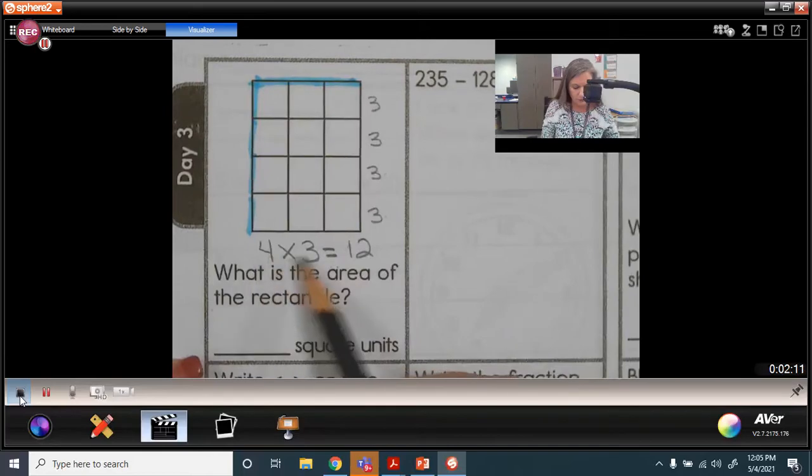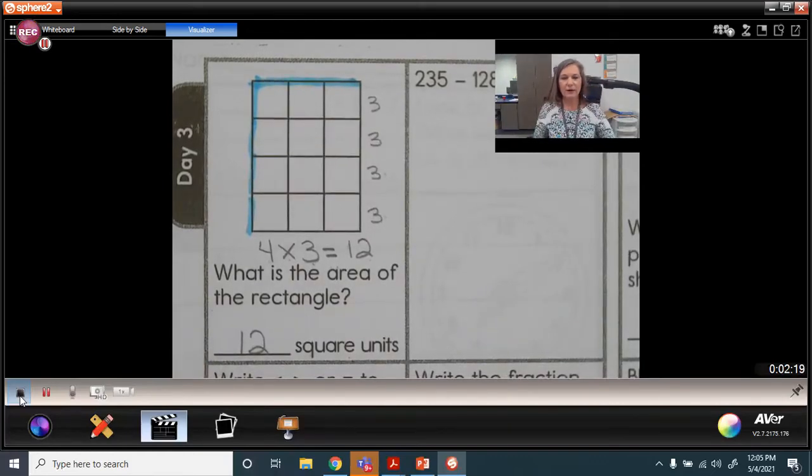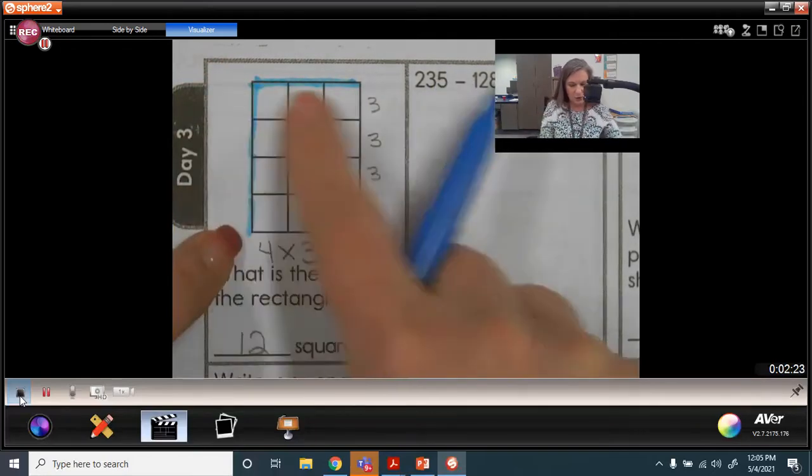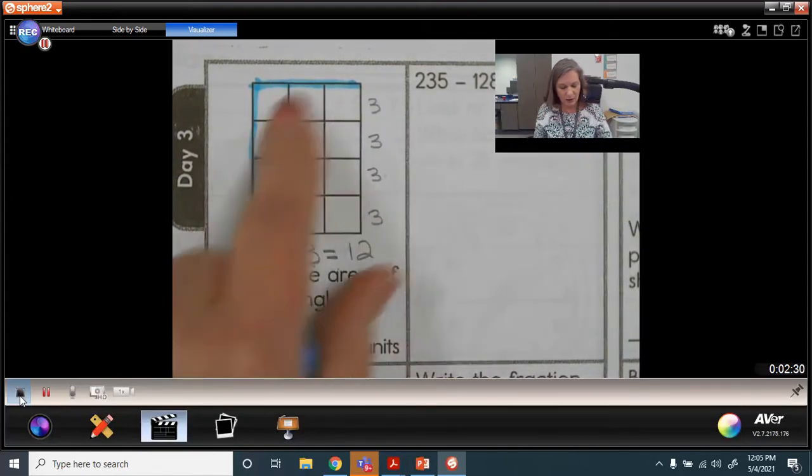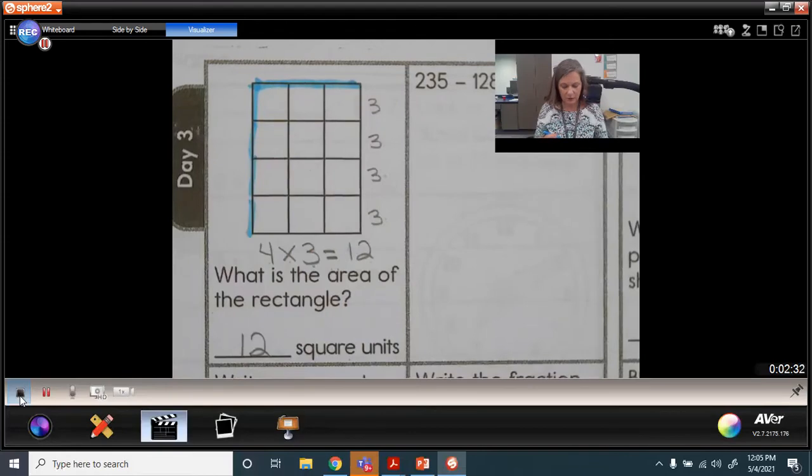So 4 rows of 3 is going to be 12 square units. Hopefully this gives you an idea of remembering that you can take your rows and your columns and write a multiplication sentence to find the number of square units it takes to cover the inside of that rectangle or quadrilateral. Remember, a quadrilateral is a 4-sided figure.